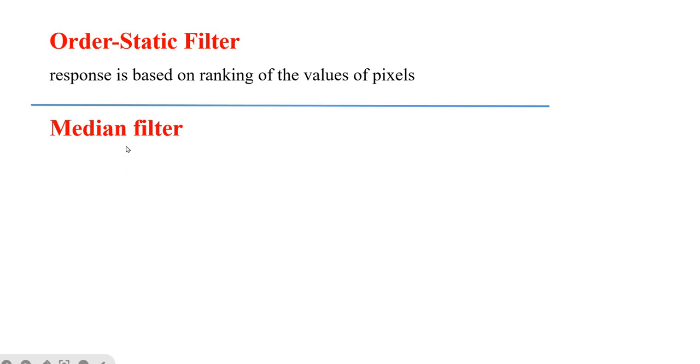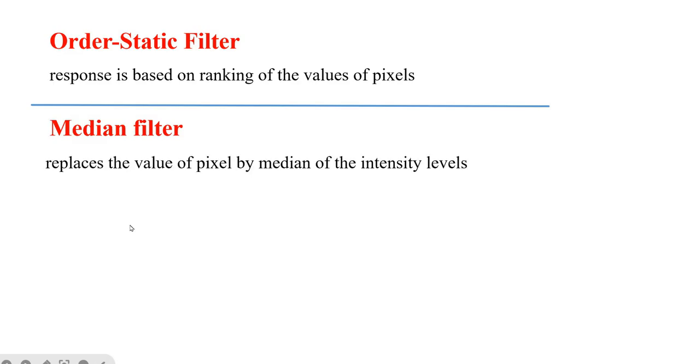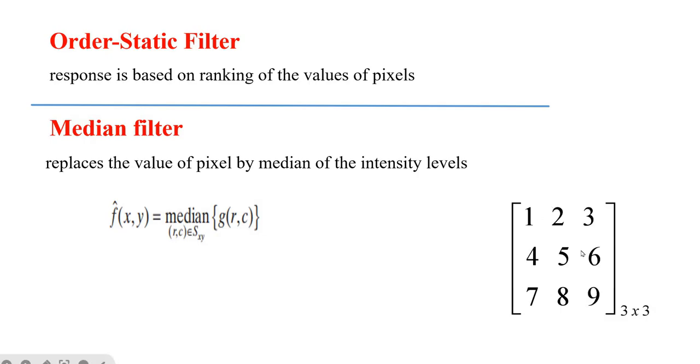It is the best known order static filter and it replaces the value of the pixel by the median of the intensity levels in the neighborhood of that pixel, and it is calculated by using this formula. Suppose, for example, we consider this image which is 3 cross 3. There are 3 rows and 3 columns.